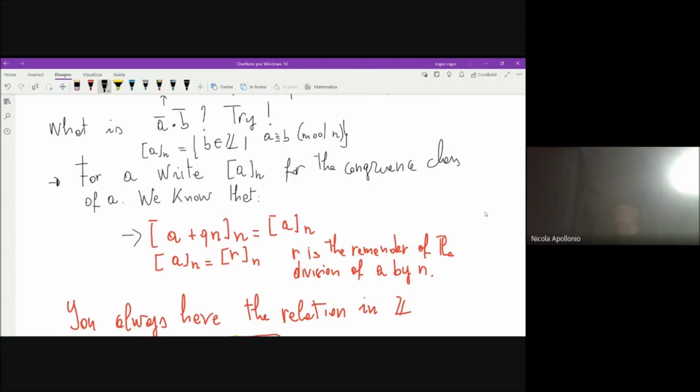That means that if you pick an integer, it belongs to some class because the classes partition Z. Pick an integer in this class. You remain in the same class whenever you add to this integer a multiple of n. And which one is this class? It is the class containing the remainder of the division of a by n. Good.